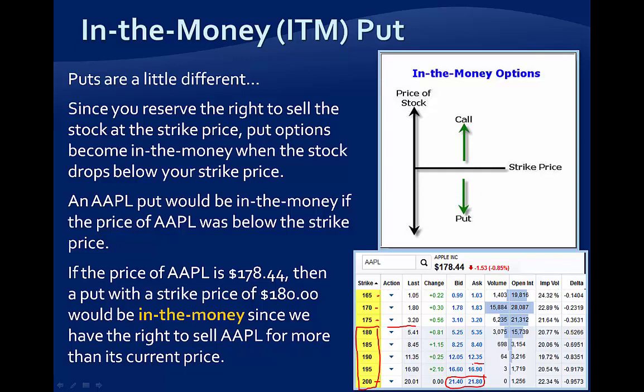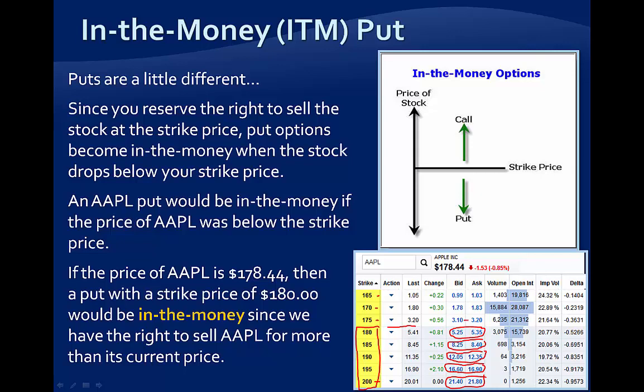And this one's trading for its intrinsic value plus a little of time value. And this one's trading for its intrinsic value because it's 12 points in the money, 190 versus 178, and that's how far it's worth. And this one's in the money by $7, well, 6 and change, and it's trading for more than 6. And this one's in the money by almost $2, and it's trading for more than that.